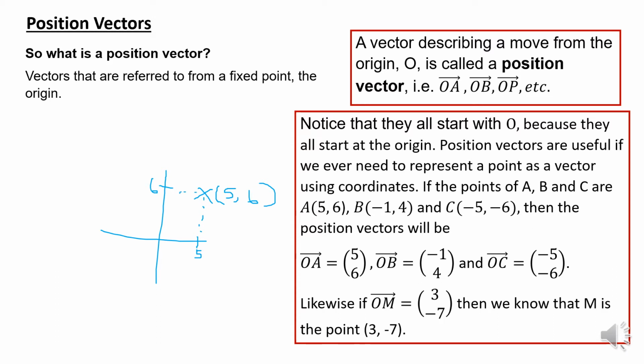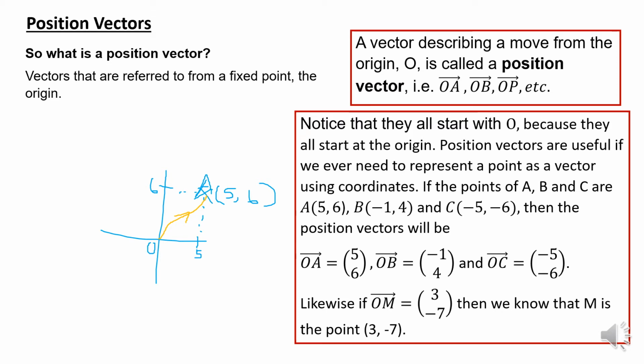If we call this my point A, then the vector from O, the origin, all the way in a straight line to A can be written as (5, 6).